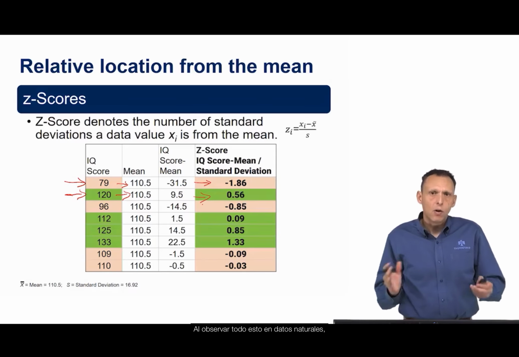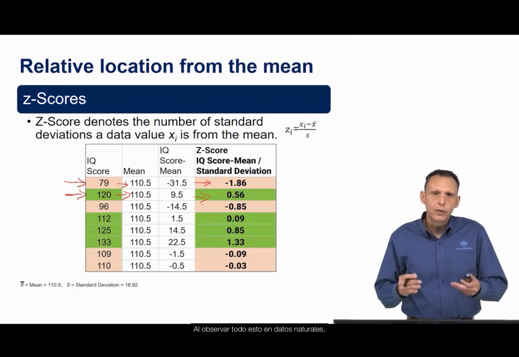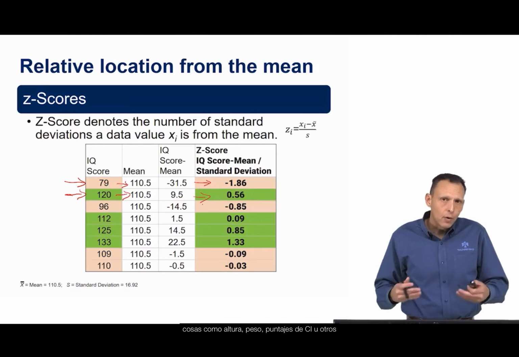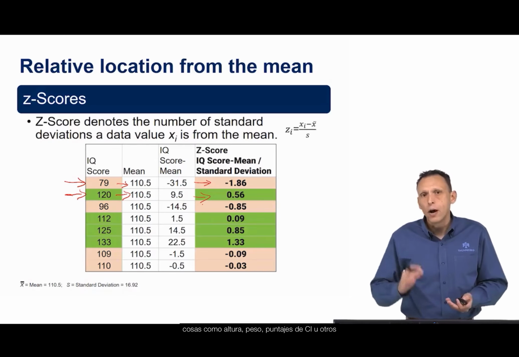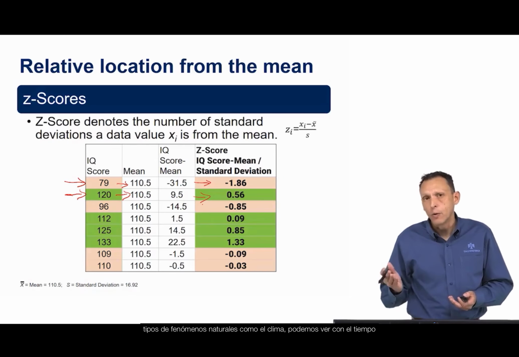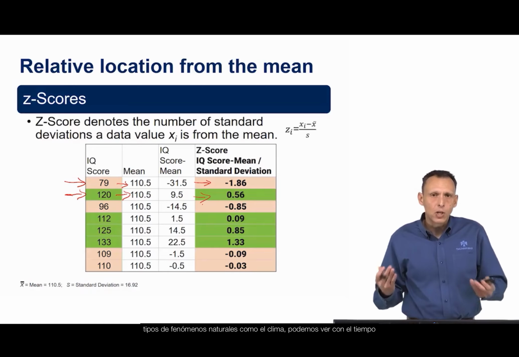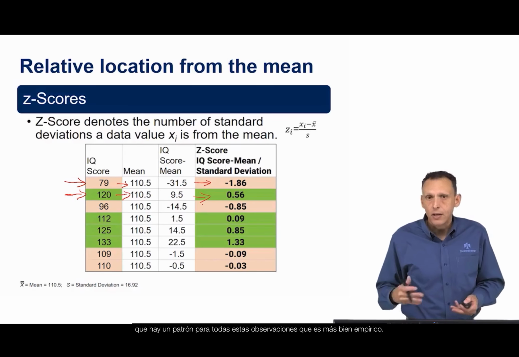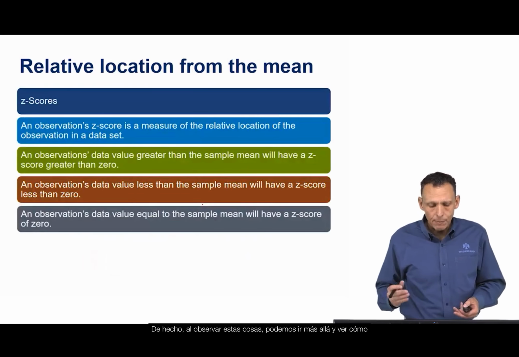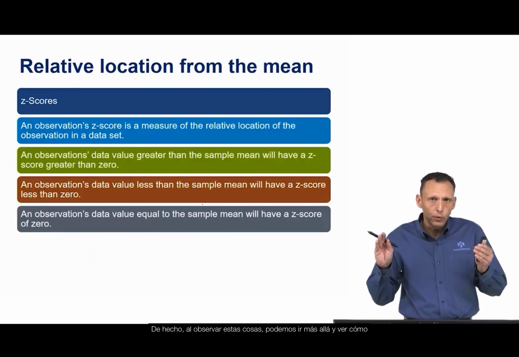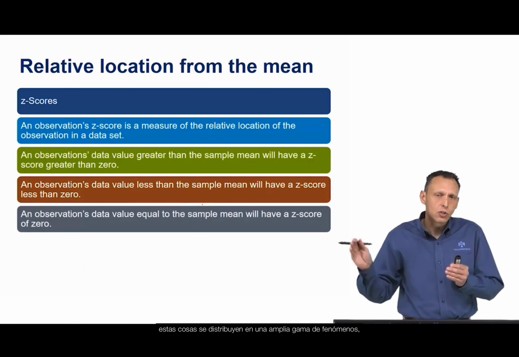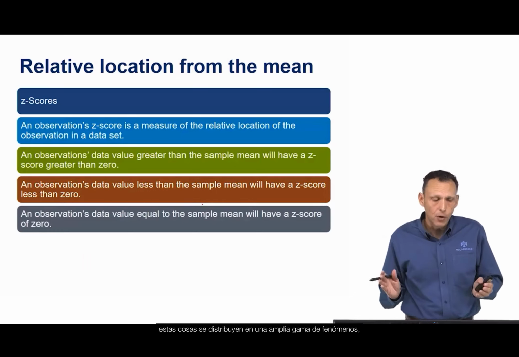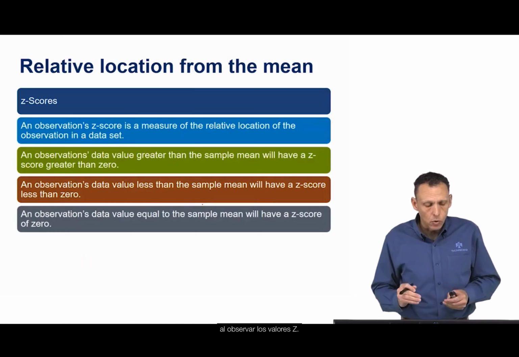By looking at all of this in naturally occurring data, things like height, weight, IQ scores, or other kinds of natural phenomena like weather, we can see over time that there's a pattern to all of these observations that is rather empirical. In fact, by looking at these things, we can go further and look at how these things are distributed across a wide range of phenomena, looking at z-scores.